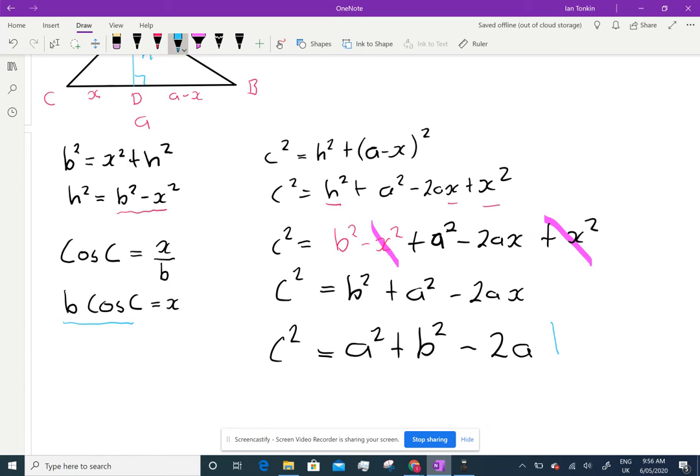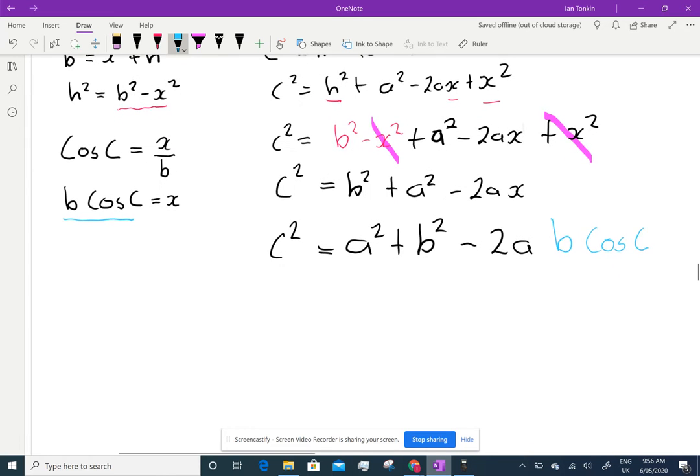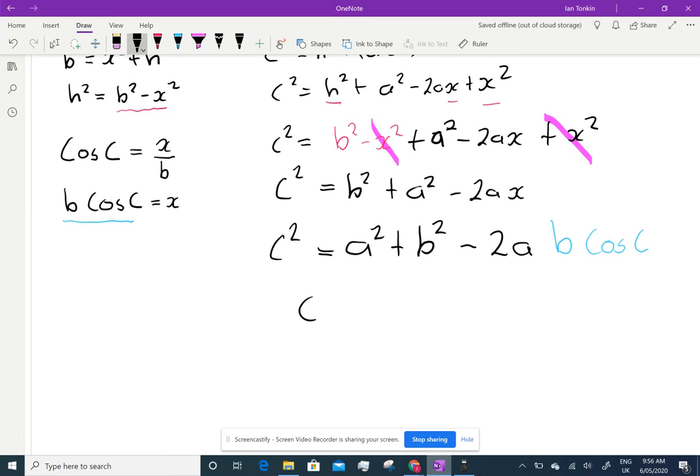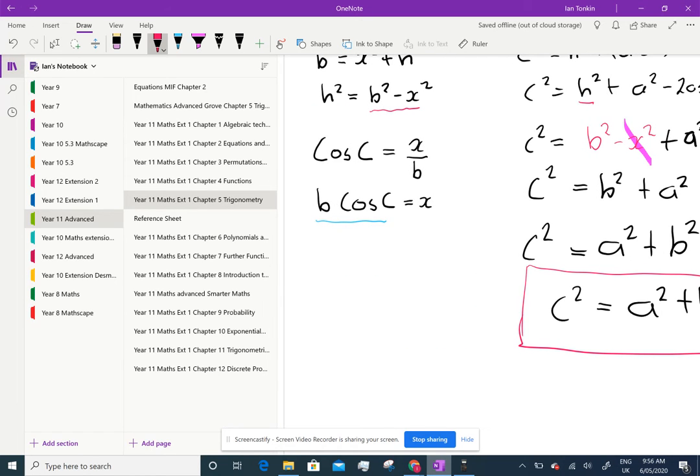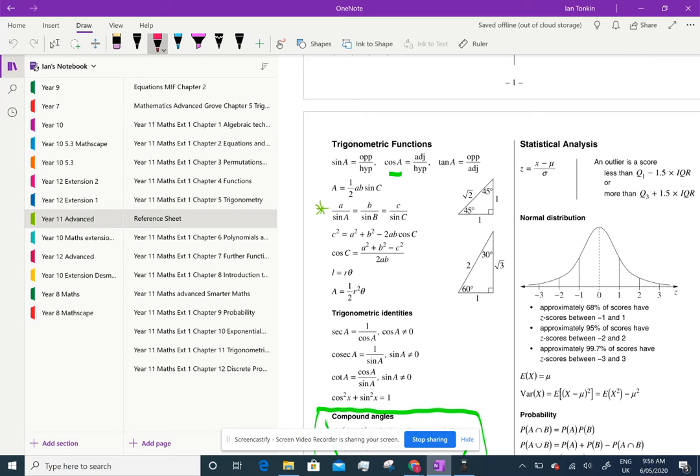Well, let's write that in blue. b cos C. And that is the formula. c squared equals a squared plus b squared minus 2ab cos C. And you need to have that. It is on your formula sheet. So if we go back and we look at the formula sheet, you can see it there.